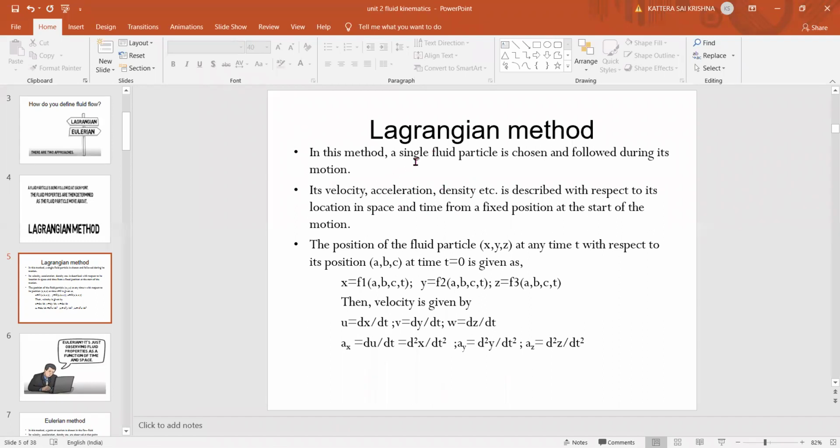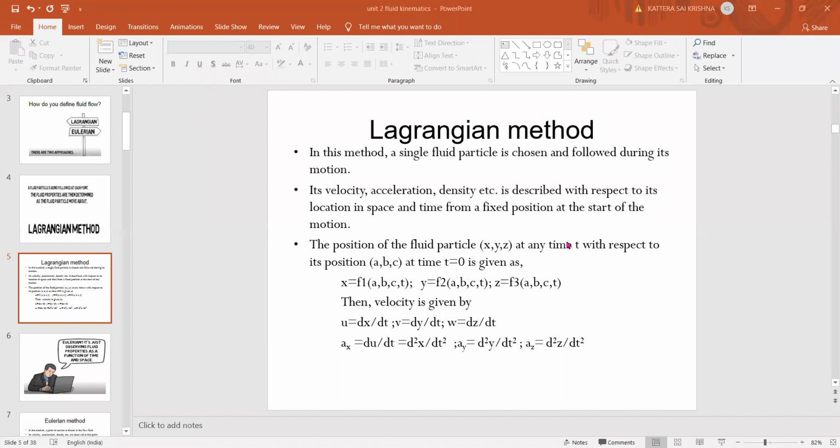So this is the Lagrangian method. In this method, a single fluid particle is chosen and followed during its motion to find the velocity, acceleration and density with respect to space and time from a fixed position at the start of the motion. The position of the fluid particle in x, y, z direction at any time t is with respect to its position a, b, c.